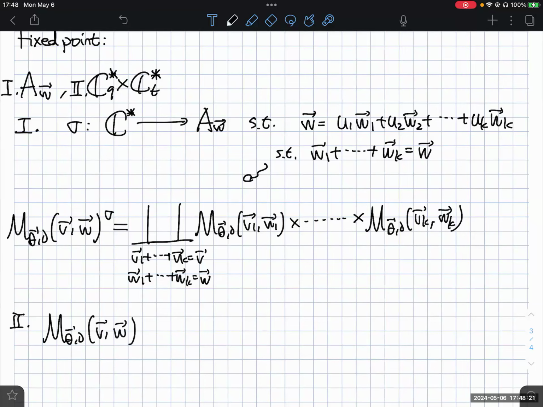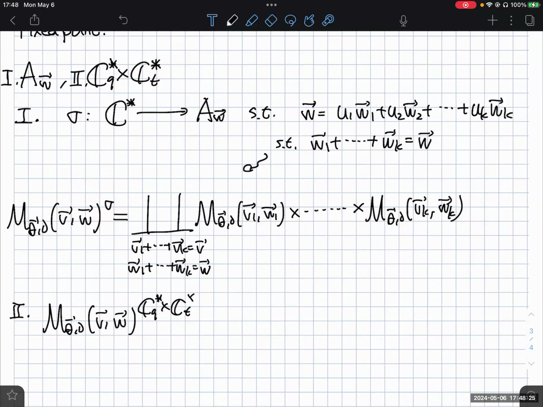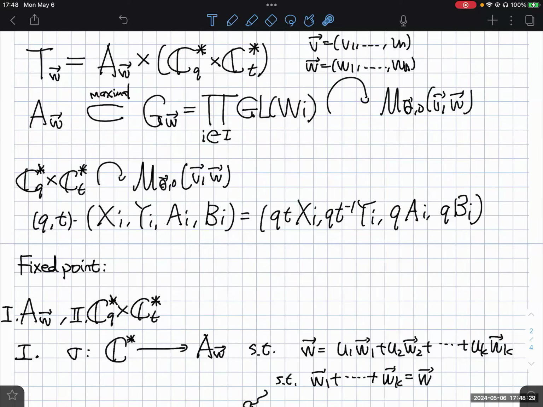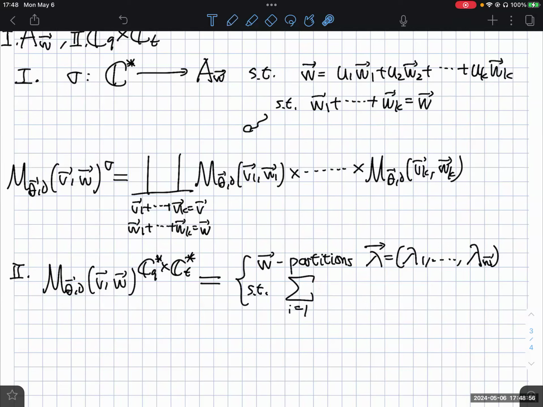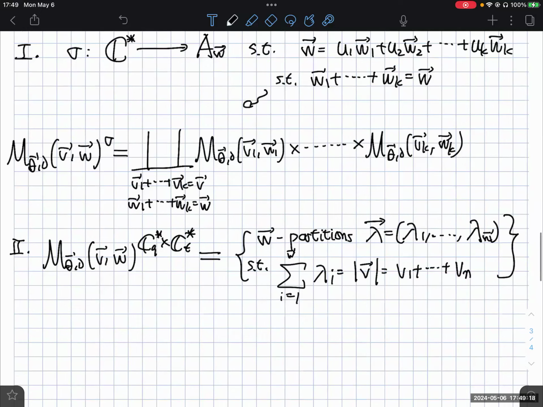The second one is much more interesting. If you take the fixed points with respect to this group action, the fixed point set is equal to the W-partitions lambda, where lambda is a set of partitions such that the number of boxes inside these partitions is equal to the size of this vector V, with some constraint conditions.